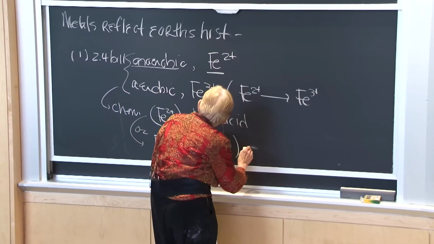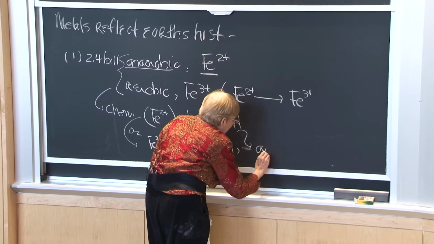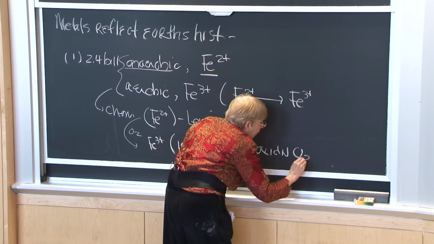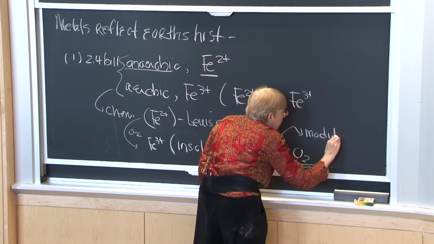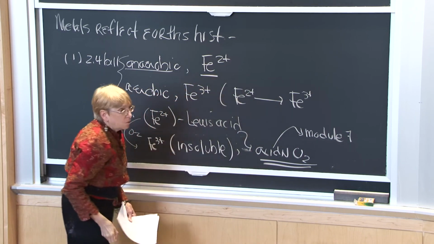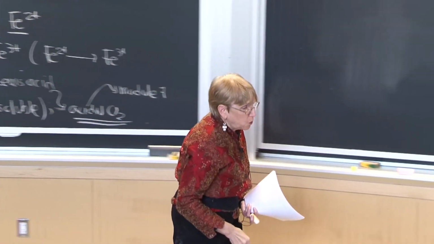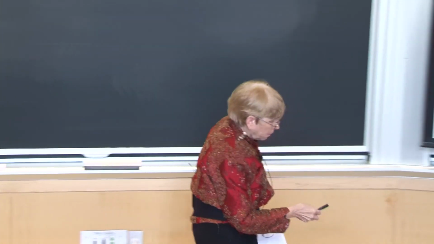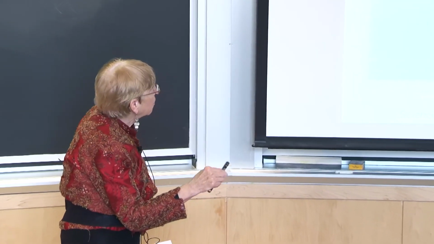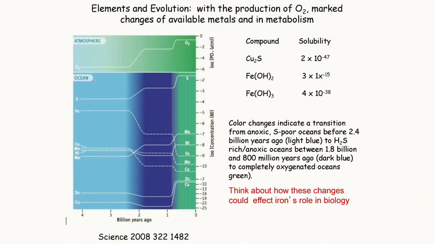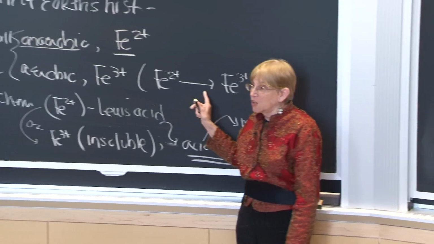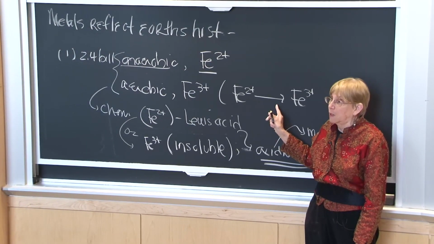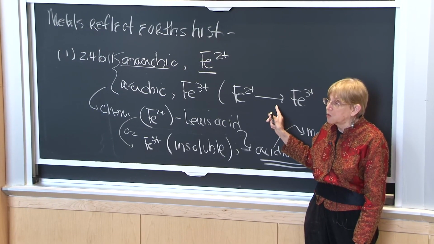And then we have this issue of oxidation with oxygen, and this is going to lead us into module 7. So while in the very beginning we used iron to do a lot of chemistry without oxygen around, we then moved into an oxophilic world, and we had this issue that during this oxidation, using oxygen as the oxidant, you produce reactive oxygen species.